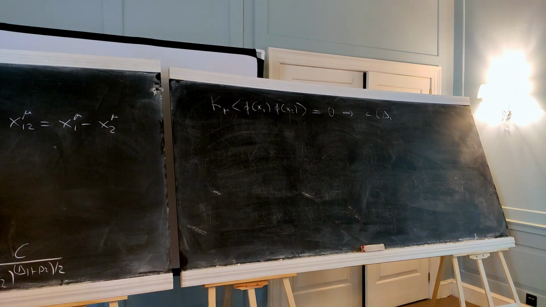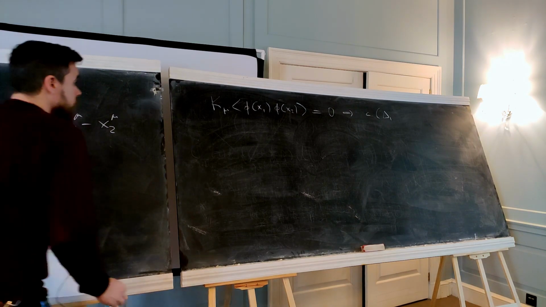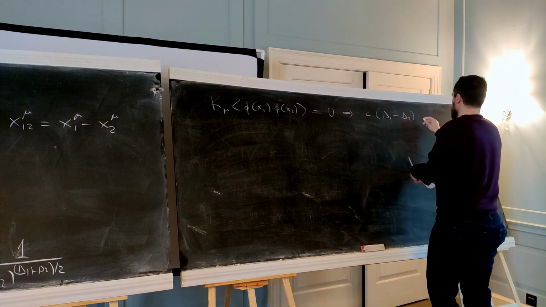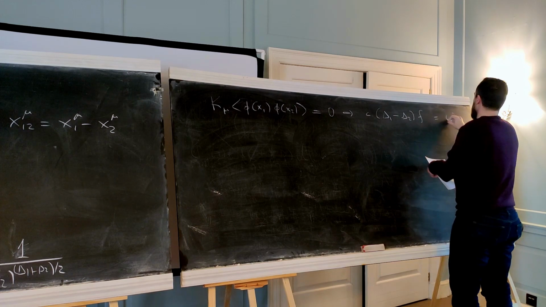So there is the c that we put here in the front, or no, actually this f is that without the c. Sorry. So here we have c delta 1 minus delta 2 appears times f is equal to 0.